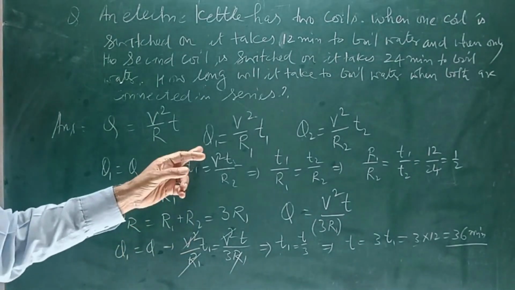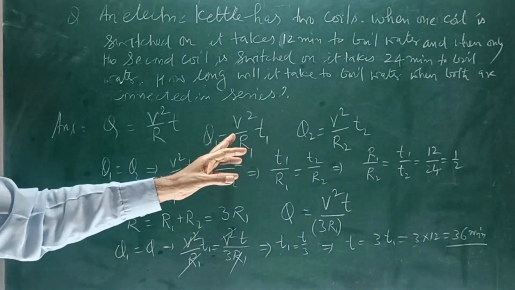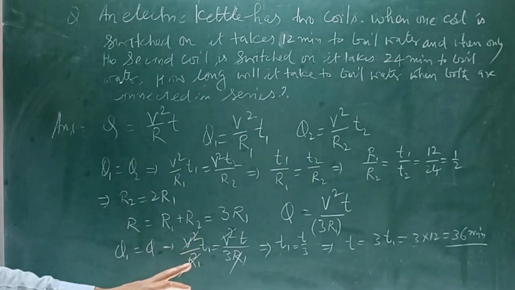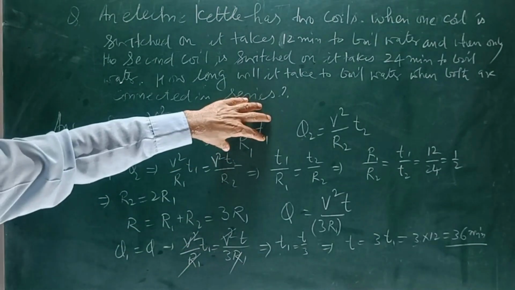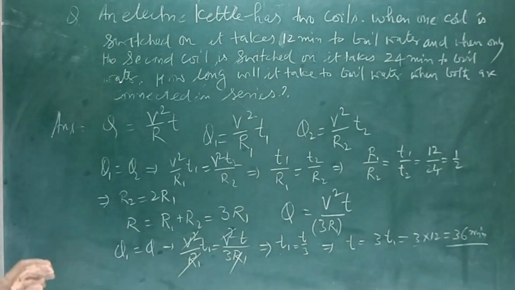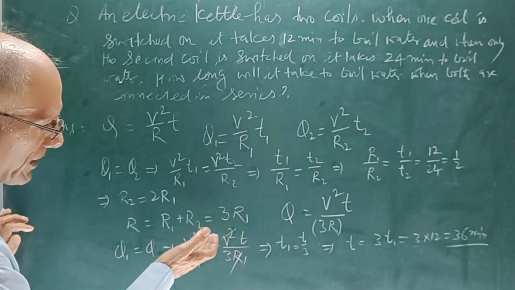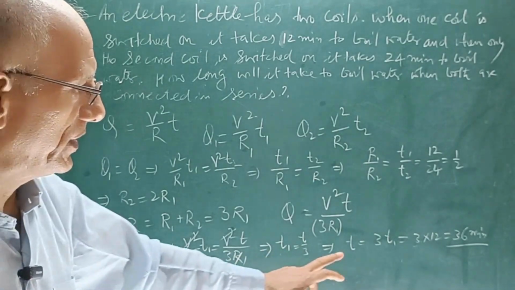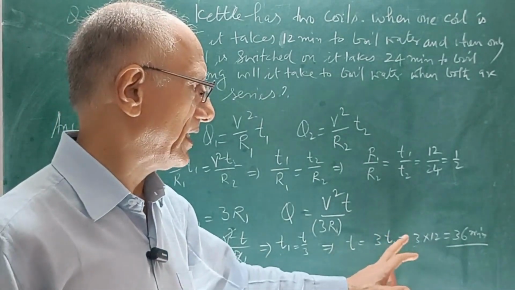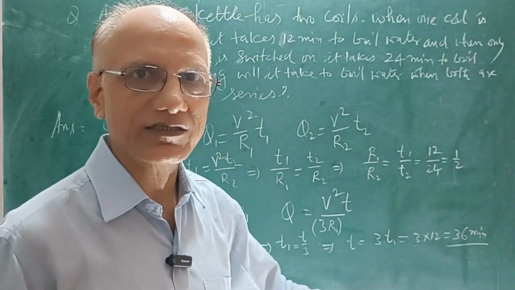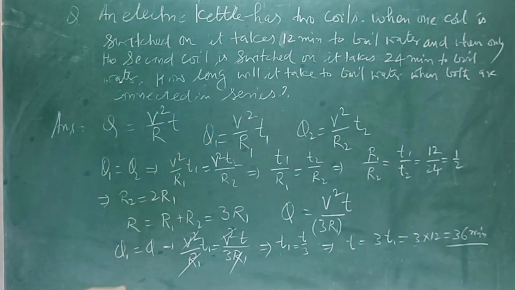We can equate with either of them, and it is better to use R1 because it is in terms of R1. So V square T1 upon R1 equals V square T upon 3R1. R1 gets cancelled, V square gets cancelled, so you get T1 equals T by 3. So T equals 3T1. T1 was 12 minutes, so this is 12 into 3, that is 36 minutes. So it will take 36 minutes.